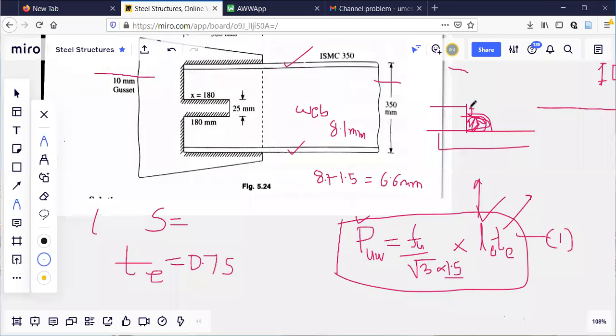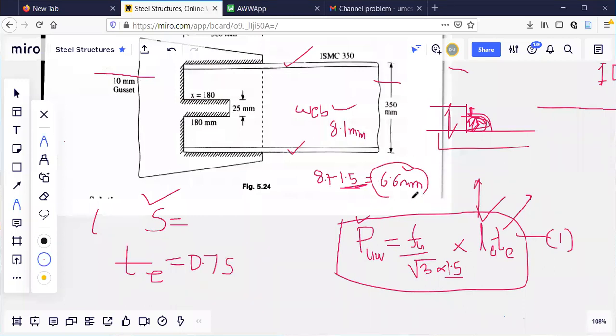So 1.5 is the gap that is kept, and this gap is always 1.5. So 8.1 minus 1.5 is this.